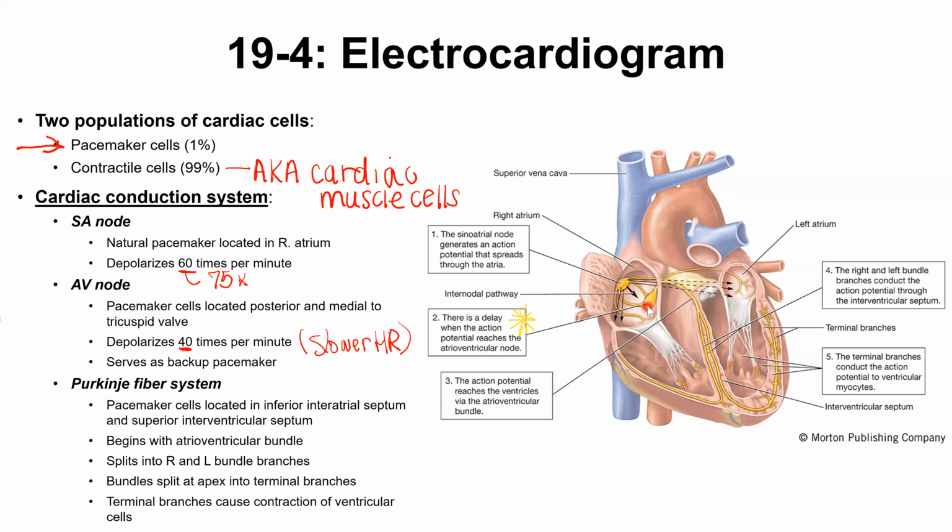The AV node delays the signal in order to allow the atria to finish their contraction before the signal then gets sent down what we call the bundle of His and the left and right bundle branches, which will conduct the signal down through the interventricular septum, as you can see, and then the signals are going to sort of turn around and travel up the ventricles.